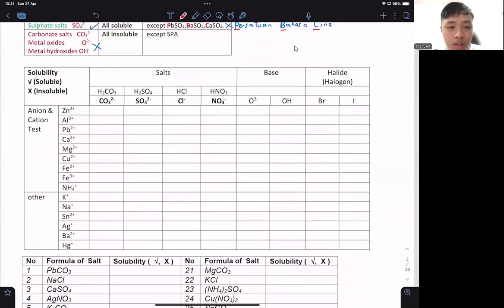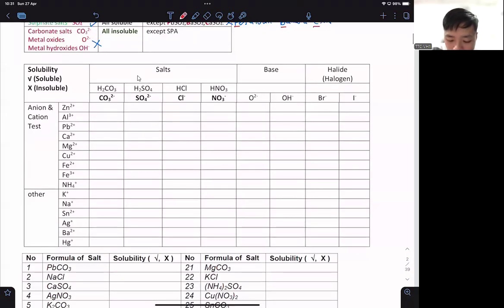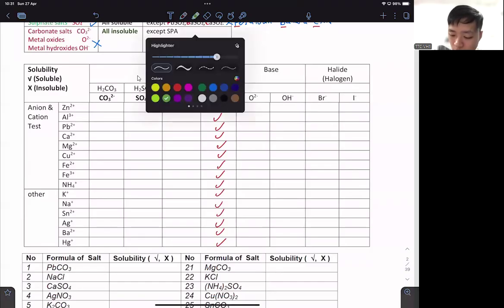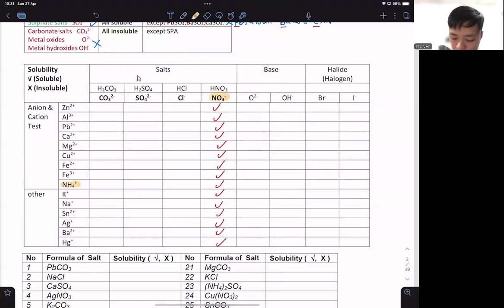Then we do a bit of a tricky one, the solubility. For all the sodium, potassium and ammonium salts, you have to tick. Including the nitrates, all tick. Remember all the soluble salts, very simple. I highlight nitrate just to remind again: Na+, NH4+, K+.